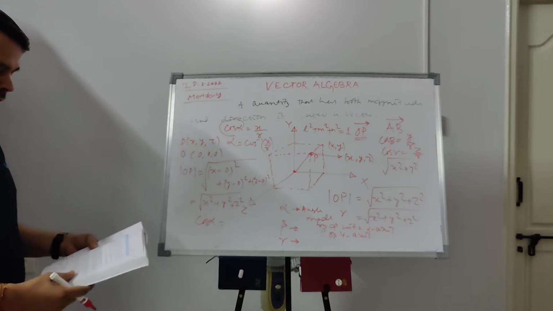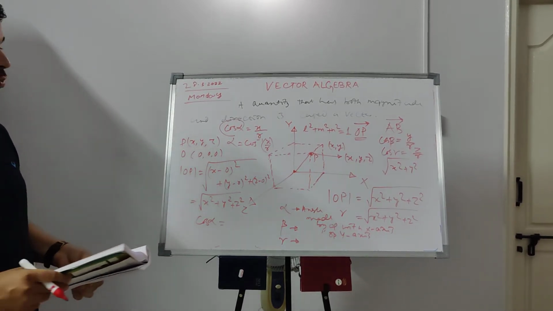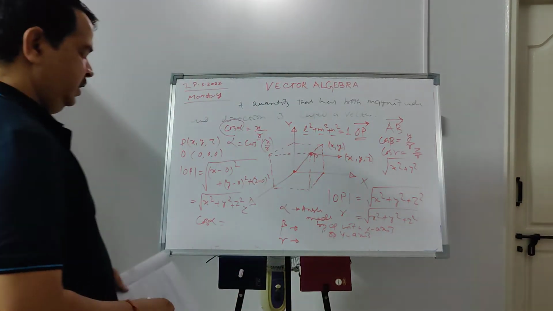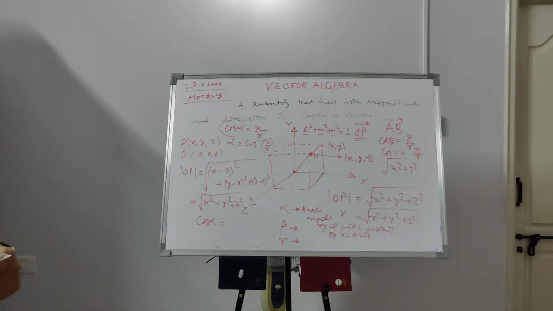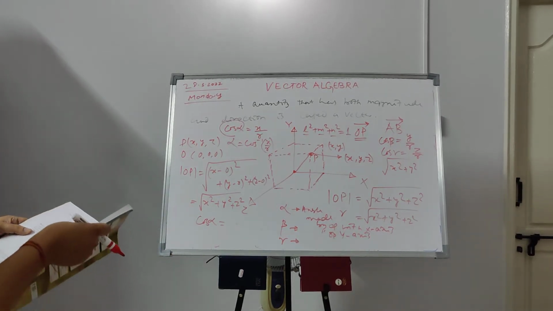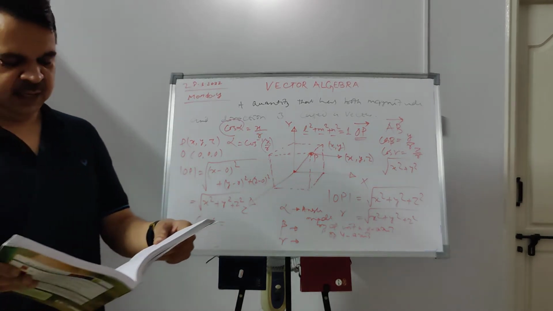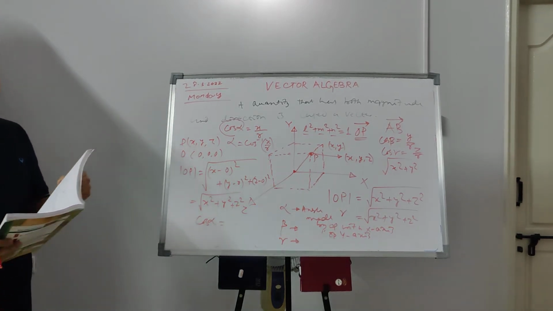Here l is nothing but cos alpha, m is nothing but cos beta, and n is nothing but cos gamma.